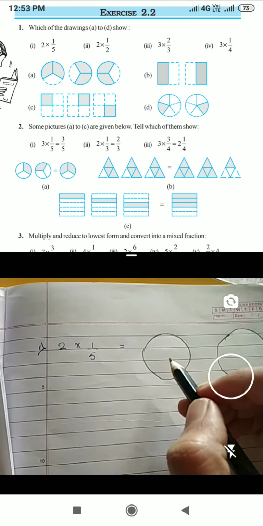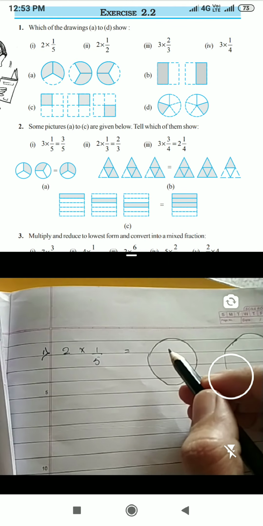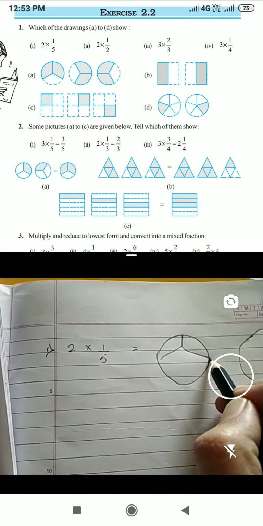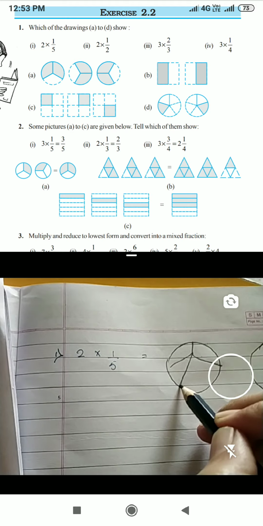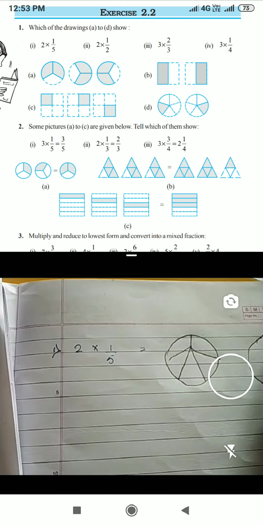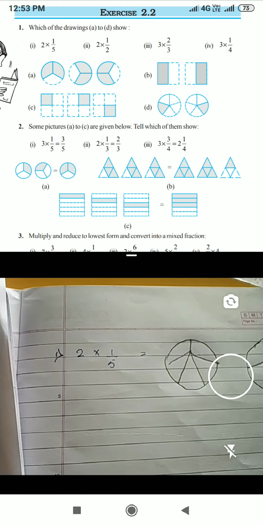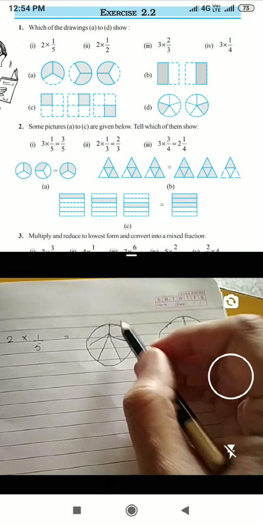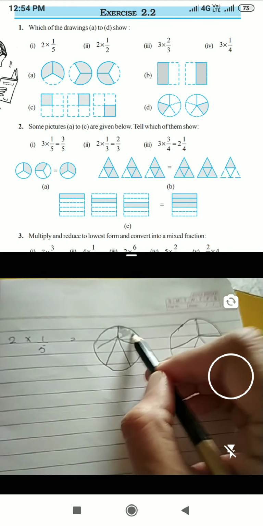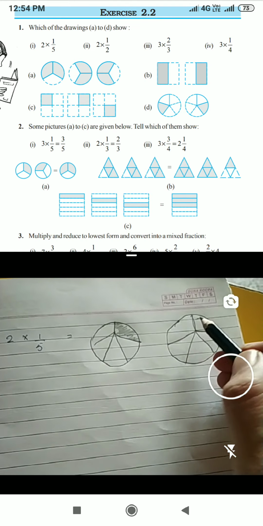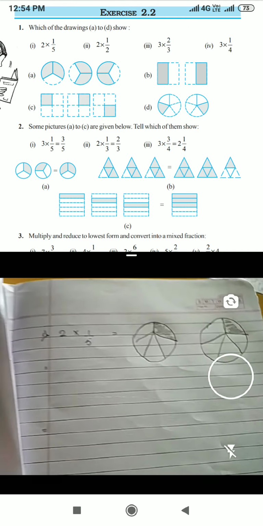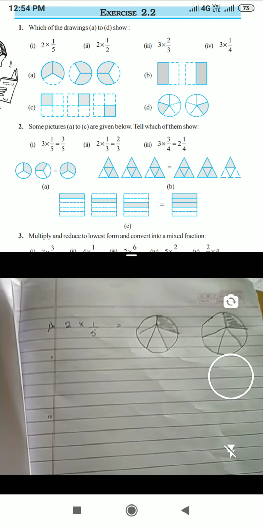Those 2 circles should be divided into 5 equal parts, and in that one part should be shaded. The answer should be written in this manner.